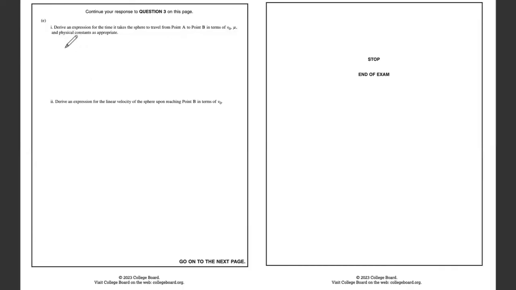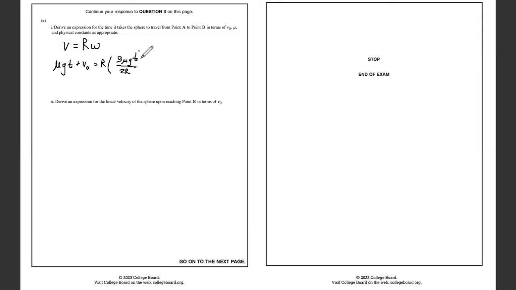Well, when we get to point B, the sphere is going to be rolling without slipping, so we know that v has to actually equal R times omega. We found expressions for v and omega in the previous page. We do know that v is equal to mu gt plus v naught, and we do know that omega is going to be equal to 5 mu gt over 2r.